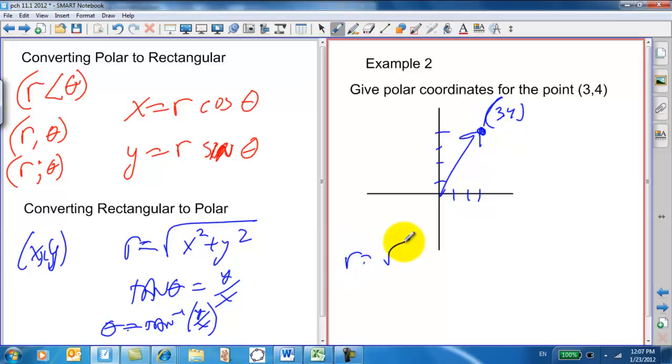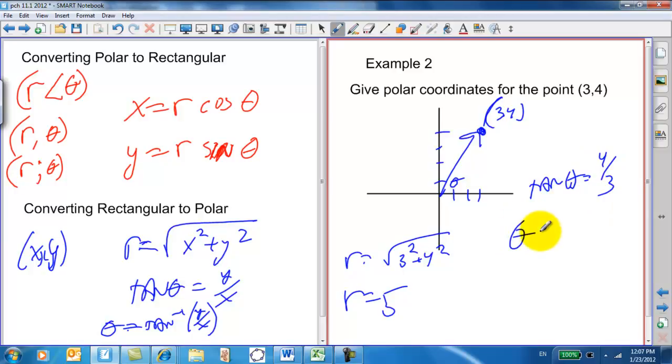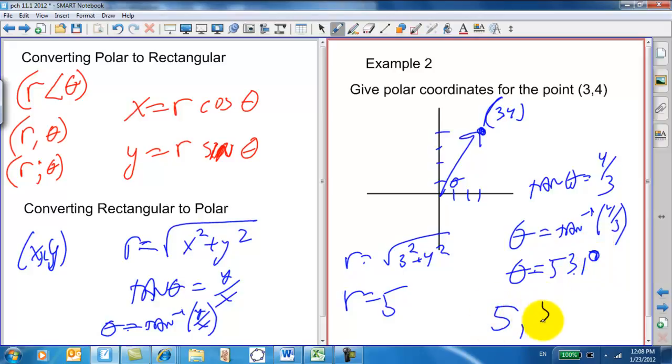So r is the square root of 3 squared plus 4 squared. We get r equals 5. And the angle, theta, tangent of theta, equals 4 over 3. So I'm going to go inverse tangent of 4/3 and get 53.1 degrees. So the polar coordinates for this is 5, 53.1 degrees.